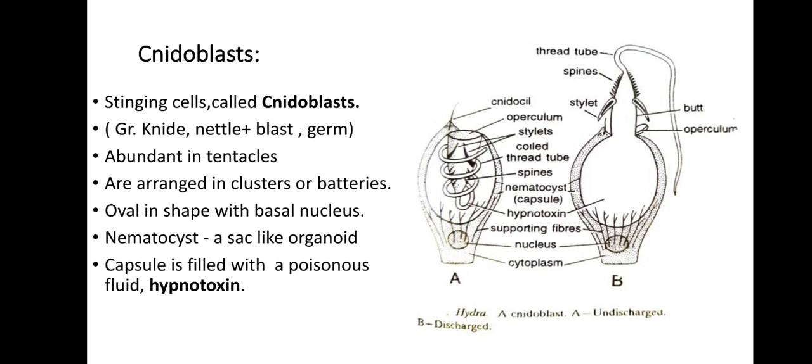Just above it there are 3 spiral rows of spines, and then there is a cap, a lid, called the operculum, and a small fine hair-like structure called the cnidocil, which is also known as a trigger.